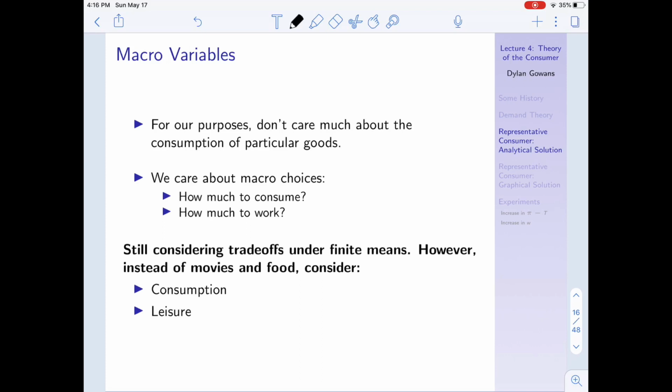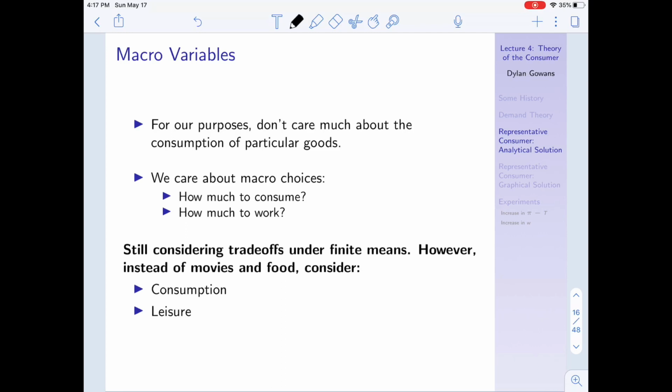And so two such macro variables might be how much do people consume, how much do households consume in general, and another macro variable is how much do they work, how much labor do they supply to the market. And as it turns out, we can represent both of these using very much the same methods we just saw.